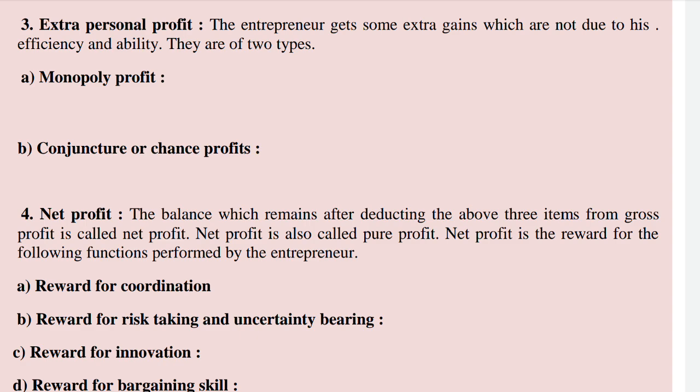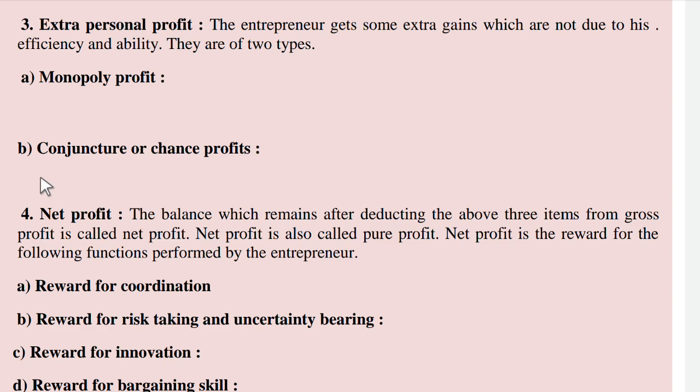His monopoly profit is not due to his ability but on account of his situation in the market. The monopoly profit has to be deducted from gross profit to find out net profit. So this is about monopoly profit.